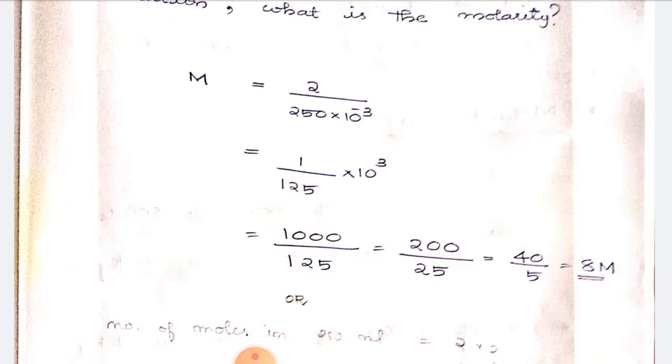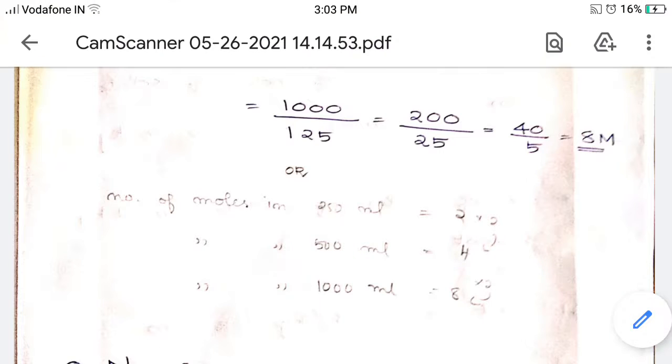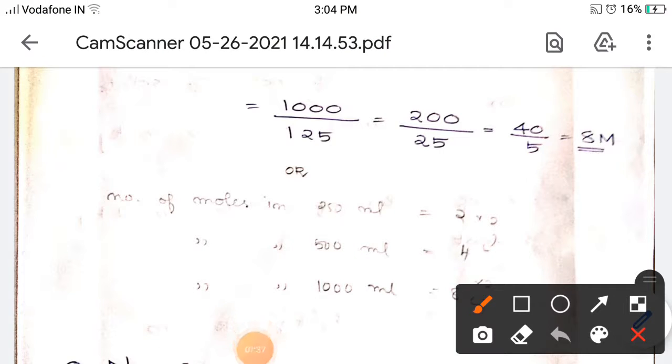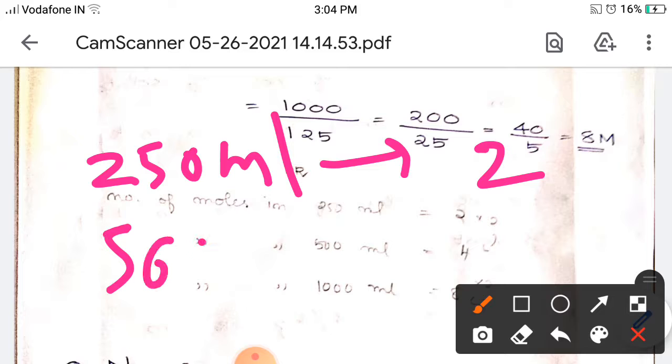By using the conceptual method, you can calculate it like this. The number of moles in 250 ml is given as 2 mole. And for 500 ml, how many moles are present?